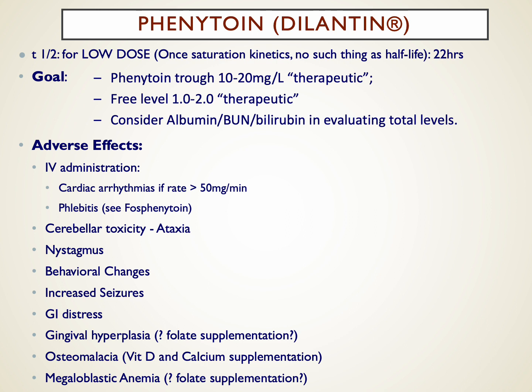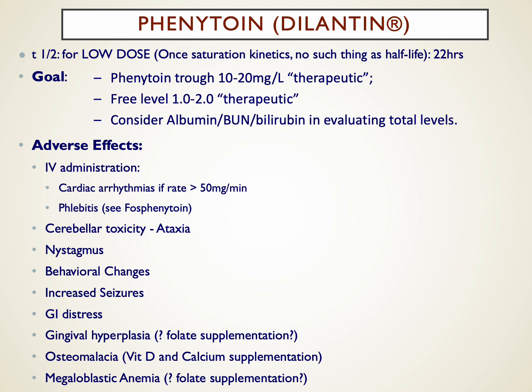So things to think about: we usually think of the half-life of phenytoin as about 22 to 24 hours, meaning that at steady state you're going to get a level about 5 days out. But if you saturate the metabolic process, there's no such thing as half-life. And so you have to worry at high doses whether or not the drug could accumulate.